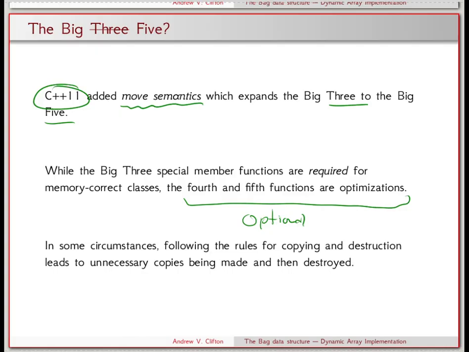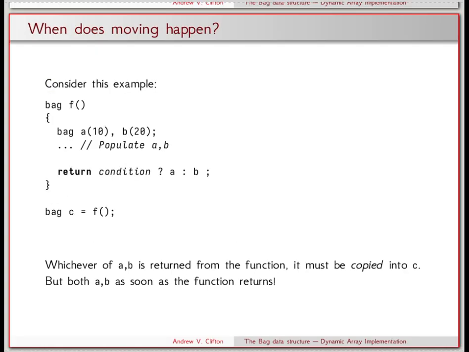I'm not going to test you on the move semantics or the 4th and 5th ones here, but basically what they do is deal with not making copies in certain situations where we would normally make a copy. So for example, let's say that we create a couple of bags here. And then we're going to do a ternary operator.